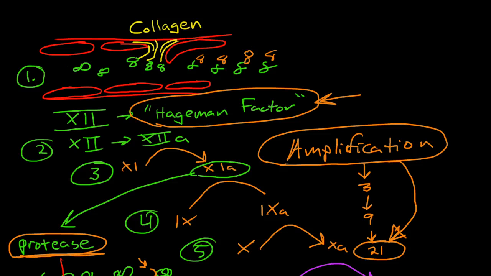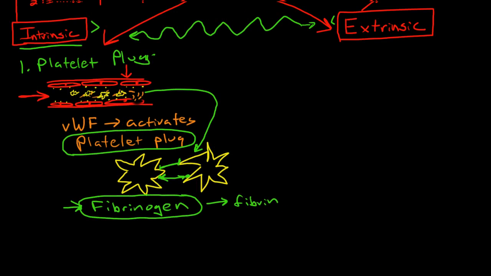And we know that because if someone has a complete absence or a significant deficit of Hageman factor, they very rarely have bleeding diathesis, and they are able to survive a long and healthy life without Hageman factor. And that sort of underscores the fact that it is the extrinsic pathway that is the more important pathway in providing hemostasis. Okay, so let's talk about the extrinsic pathway.